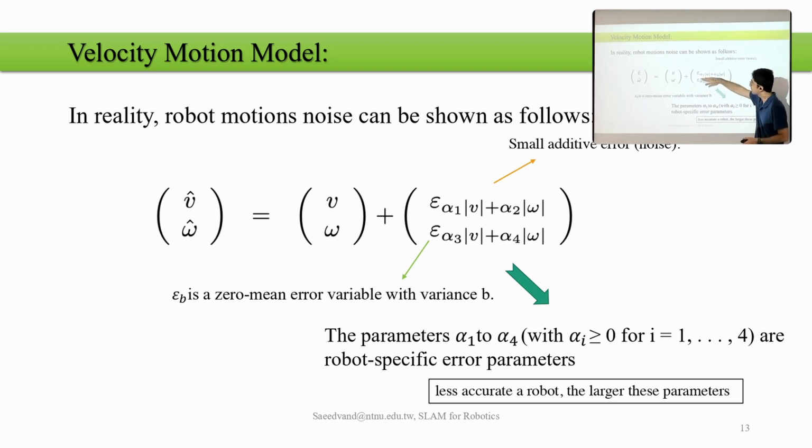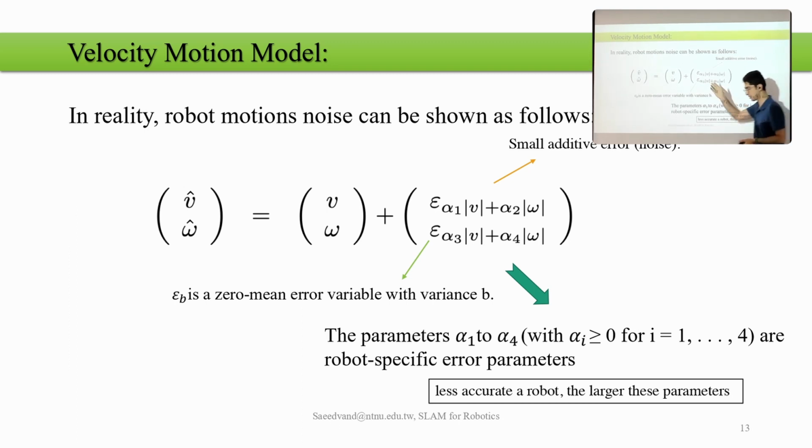Epsilon, usually we use it everywhere, with a small value of error, for example. Then we have the error for translational, which can be different from the error for the rotational movement of the robot. We can add it on the translational, and we can add it for rotational.